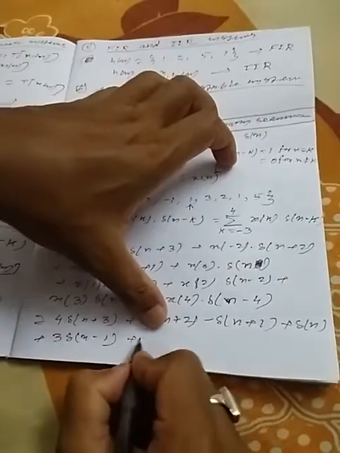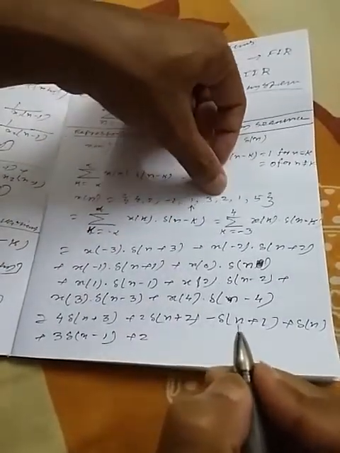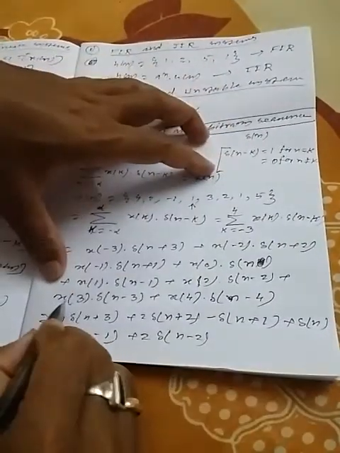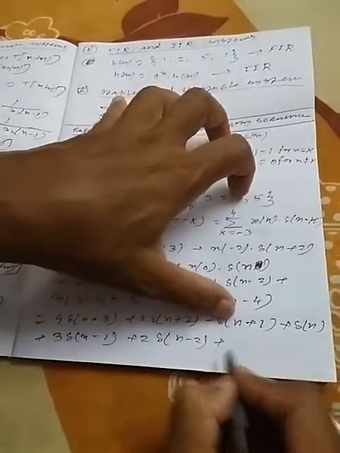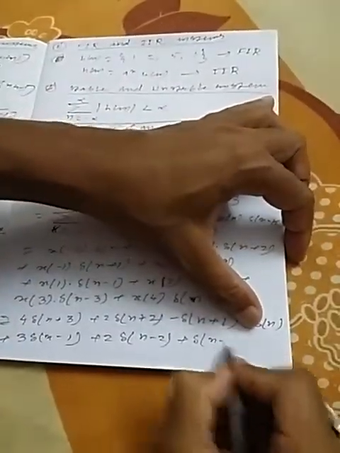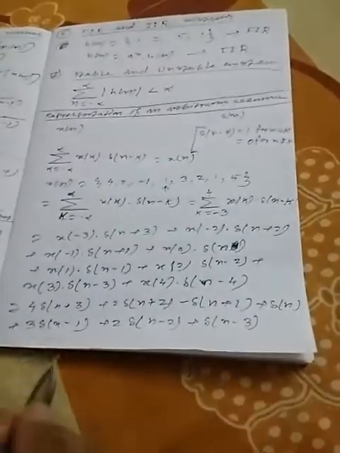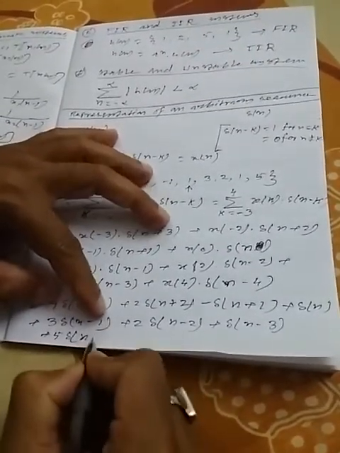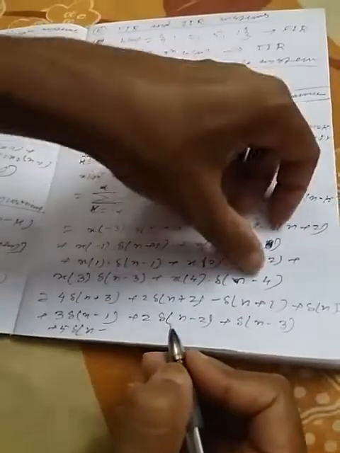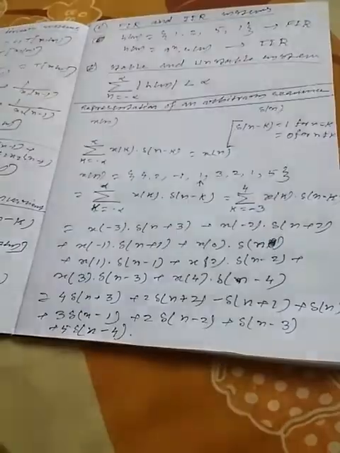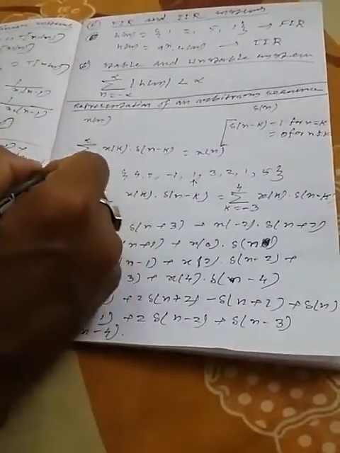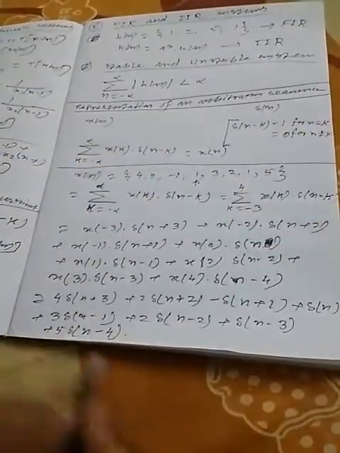Now this is 2 into delta[n minus 2]. Now x[3] is 1, so plus delta[n minus 3]. Now x[4] is 5, so plus 5 into delta[n minus 4]. So here we can see that a sequence is represented by delta functions or shifted delta functions.